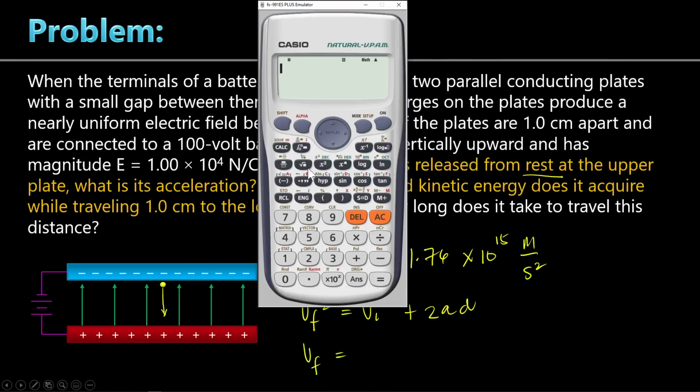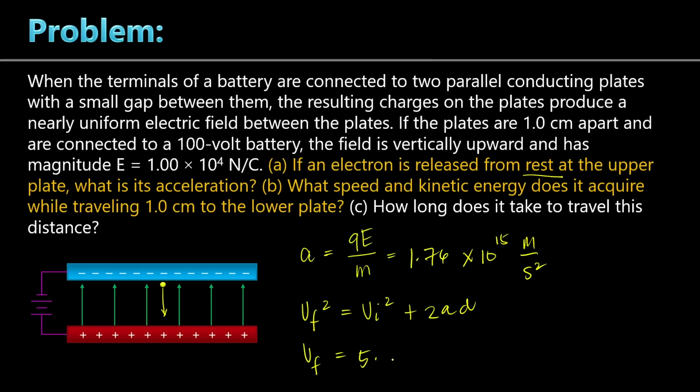Rekta na. Square root of 2 times yung acceleration na ka-store sa A ng calculator times yung distance traveled is 1 cm, 0.01 meters, equals, ayan, ang final velocity niya ay 5.93 times 10 to the 6 meters per second.